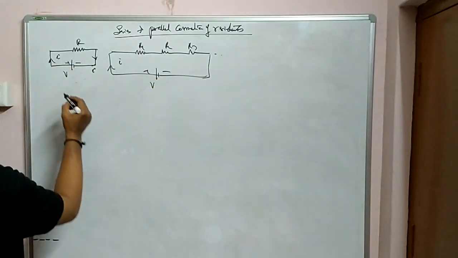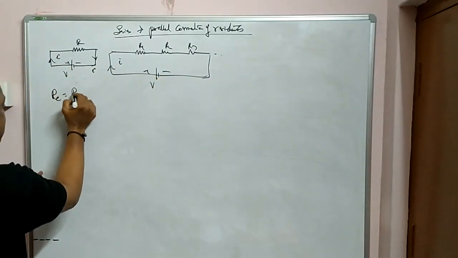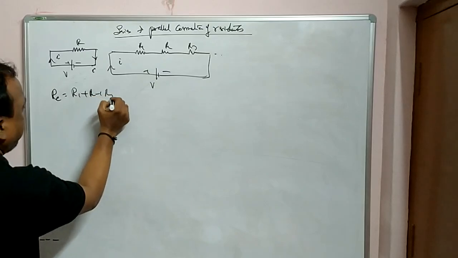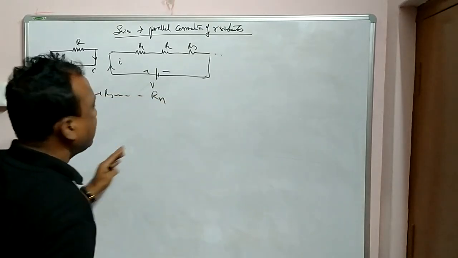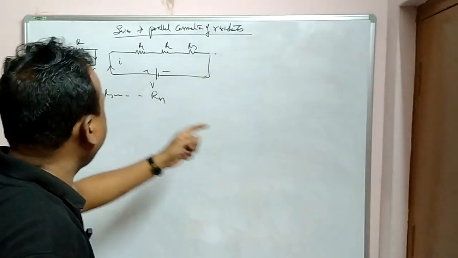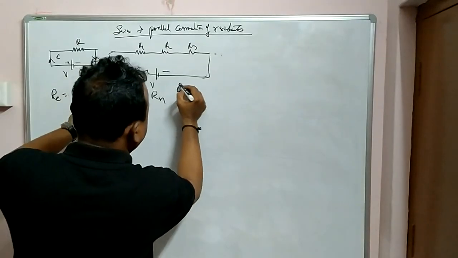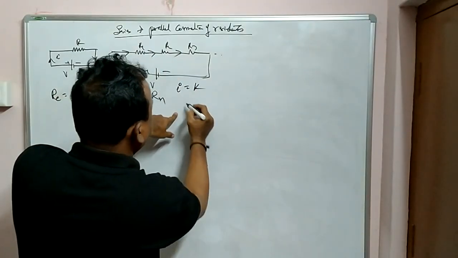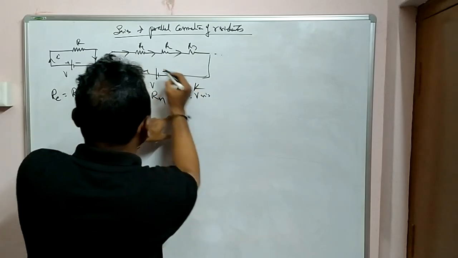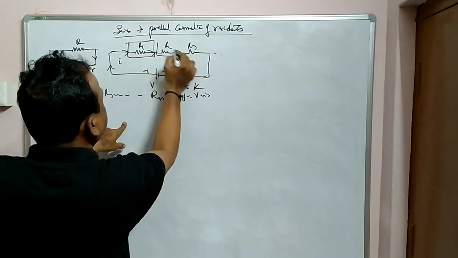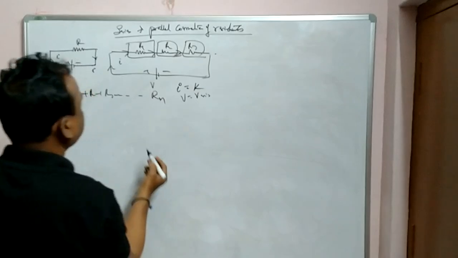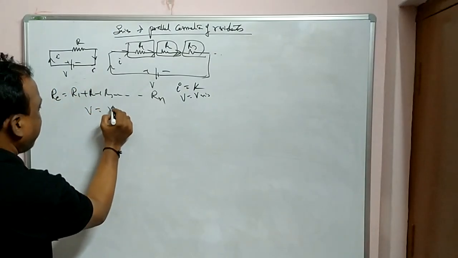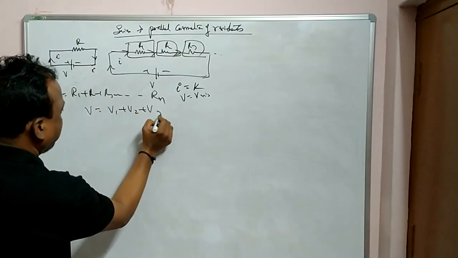So in series connection, the effective resistance Re is equal to R1 plus R2 plus R3 and so on up to Rn. That means the effective value will be more, because the same I is flowing through the whole circuit, and V varies, the potential varies. So here the potential difference will be different, V1, V2, V3. I is constant, and V is equal to V1 plus V2 plus V3.